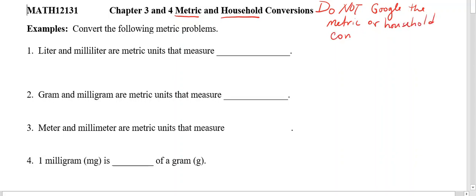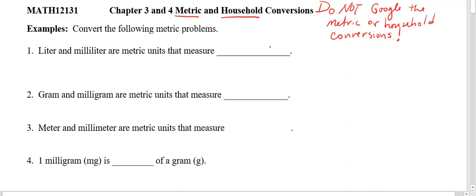They are not the same on Google as what you use in the healthcare field. Okay? Let's talk about this first.